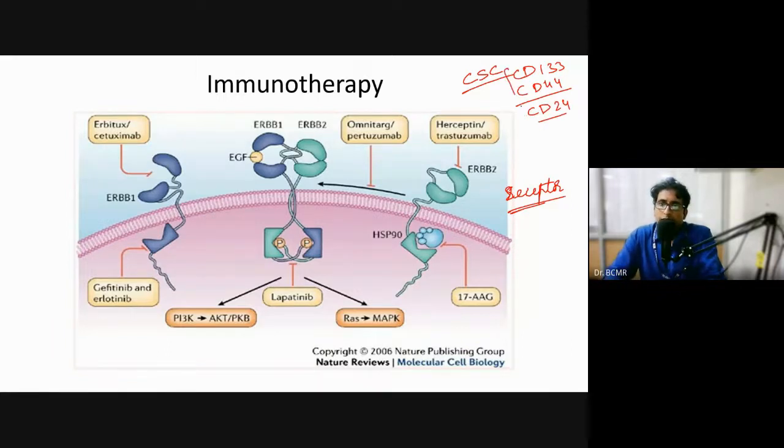So if we can identify cell surface markers that are highly specific and in higher concentration, and then generate antibodies against these cell surface markers, then we can target the cancer stem cells specifically.